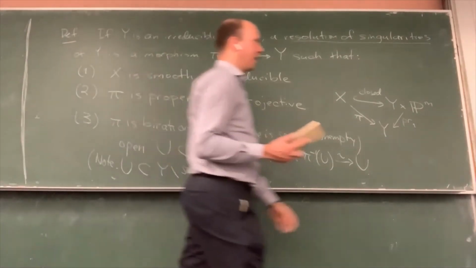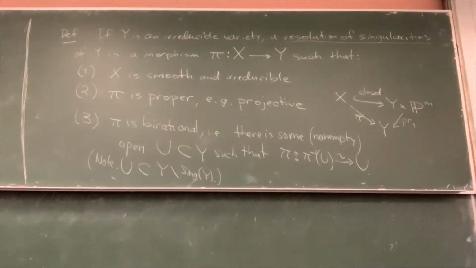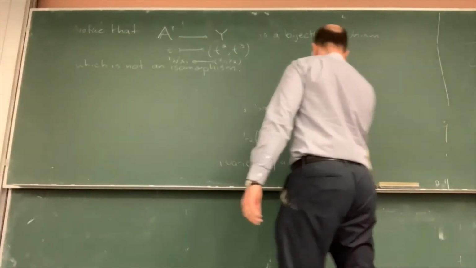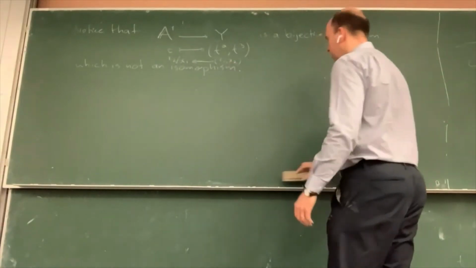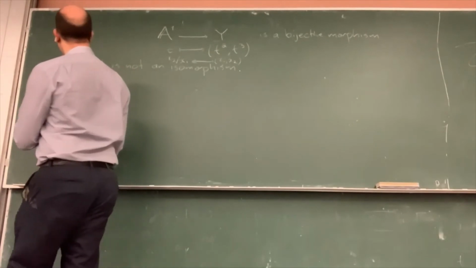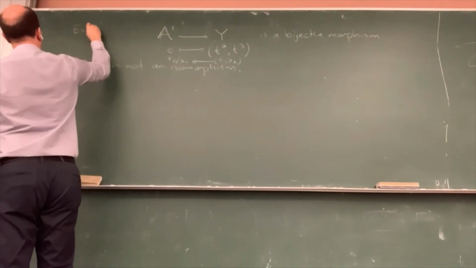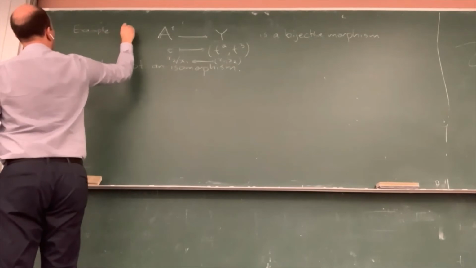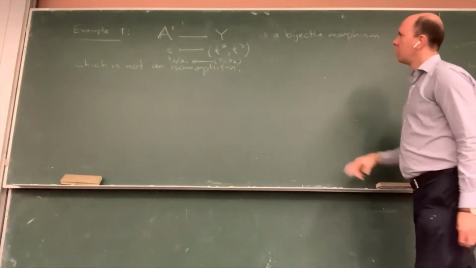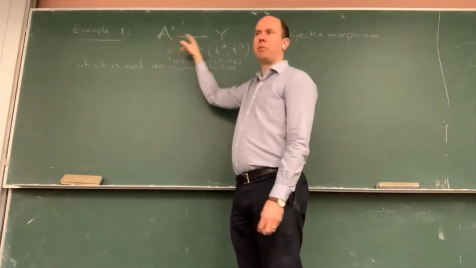So some examples are, well, okay, before I even write that out, rub out that line. That's an example. So example one is this bijective morphism that we had before.